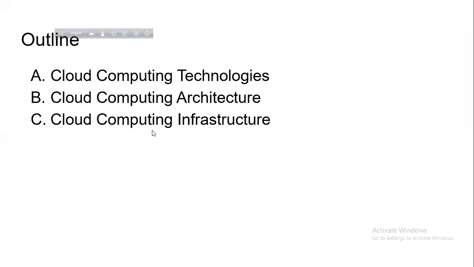Okay, so these are the core outline of today's topic: cloud computing technologies and the architecture. Although we have seen NIST's cloud computing reference model in our previous slide, remember that that was also part of one of your questions, that there are 5 components, we'll also see some other basic architecture for cloud computing.